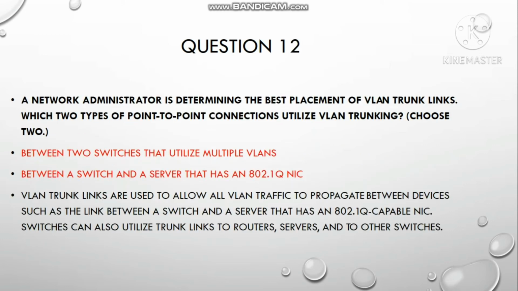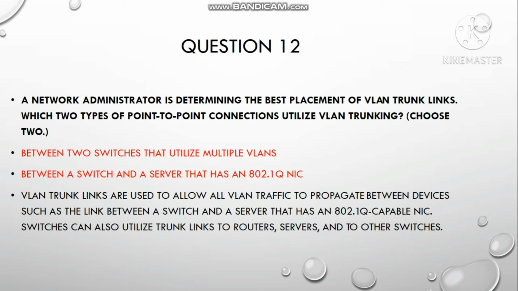Question 12. A network administrator is determining the best placement of VLAN trunk links. Which two types of point-to-point connections utilize VLAN trunking? Choose two. Between two switches that utilize multiple VLANs. Between a switch and a server that has an 802.1q NIC.